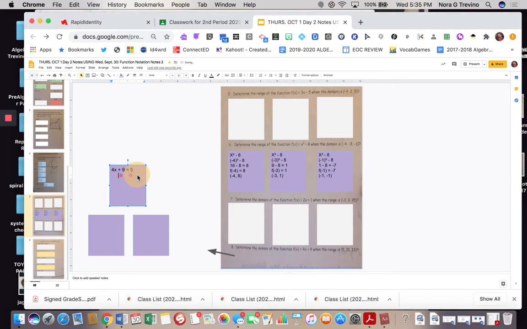When you do that, you are going to end up with 4x on the left equals, and then 5 minus 9 is -4. And then finally, divide by 4, divide by 4.